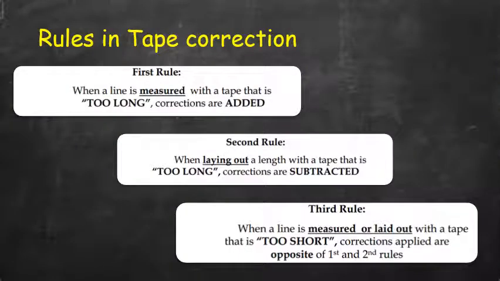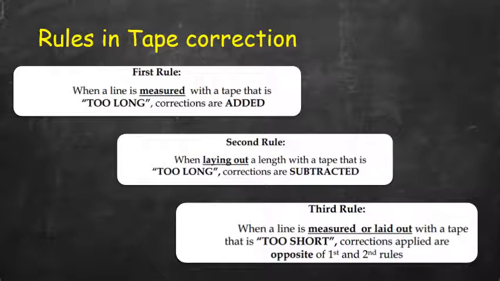See how we have different rules in the tape correction. So the first rule, when the line is measured with the tape that is too long, the correction should be added. Pag nagle-layout tayo a length with the tape that is too long, corrections are subtracted. Pag nagme-measure tayo and too short, we must subtract the corrections.